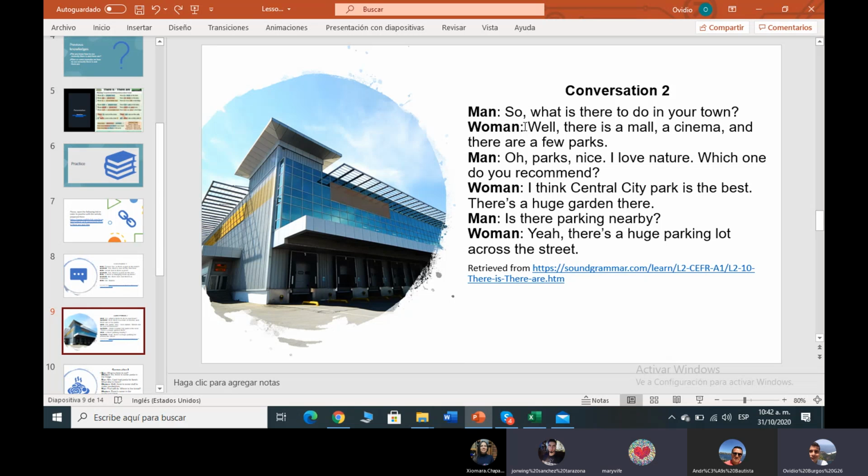I think Central City Park is the best. There is an Oak Garden there. Is there parking near me? Yeah, there is a good parking lot across the street.